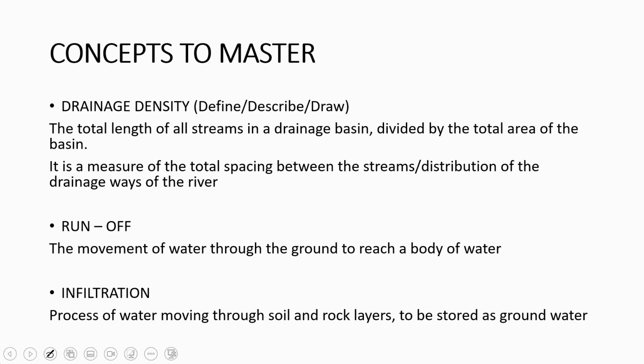So infiltration is a process where the water moves through the soil and the rocks to be stored underground. Now, this is going to be called groundwater. It's not underground water. Yes, it is underground, but we call it groundwater, okay?